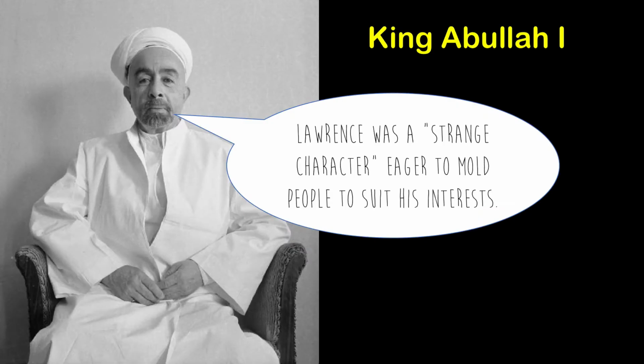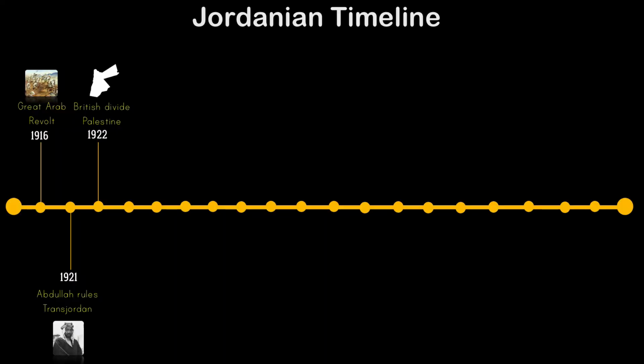When King Abdullah hears about it, he invades Israel with his Arab Legion. And of the 750,000 Palestinians that fled to neighboring countries, the ones that went to Jordan, Abdullah granted them citizenship with equal rights. Now, I want you to remember that.